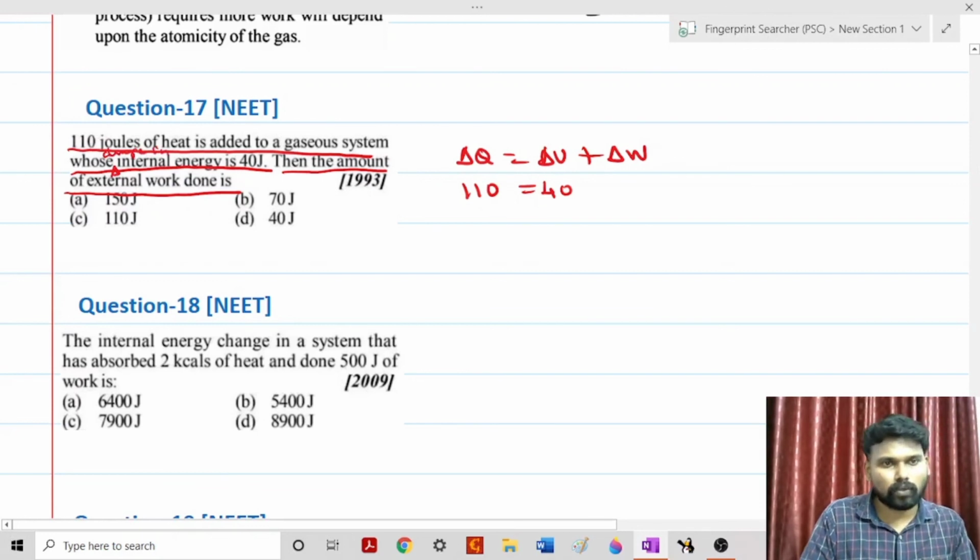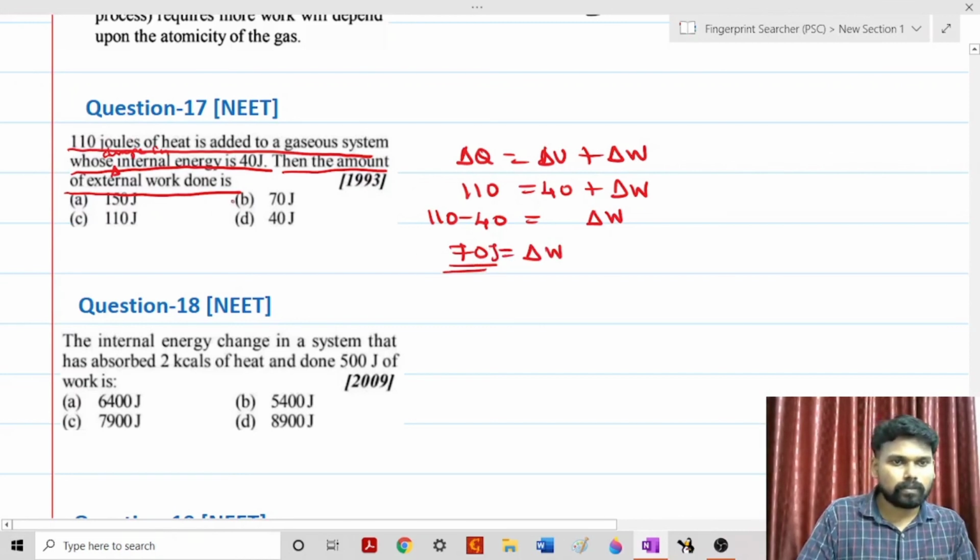Change in internal energy is 40 joule. Then we have to find the external work done, delta W. That will be 1 ton minus 40. What is this value? 70, right? It will be 70 joule. So this is the correct option.